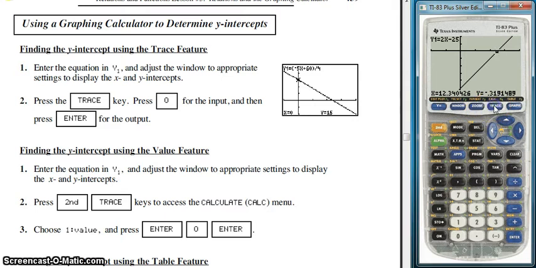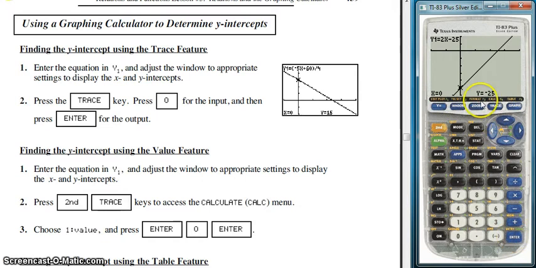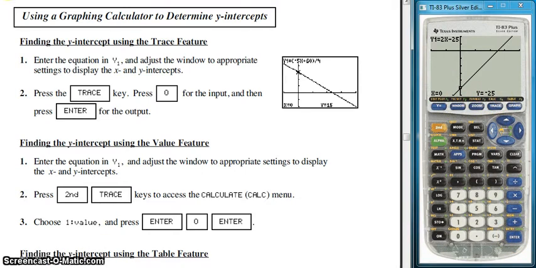You can only trace the x value. When x is 0, the y-intercept is negative 25. Very easy. The x-intercept, you need to go through those buttons. So come back here, trace 0, and it always gives you the y-intercept of a graph. It's negative 25 for this one.